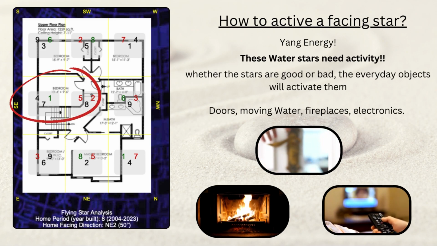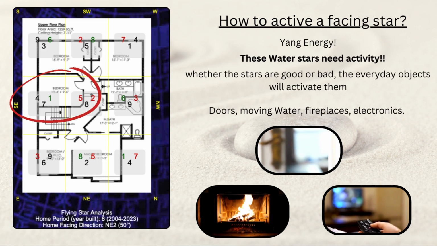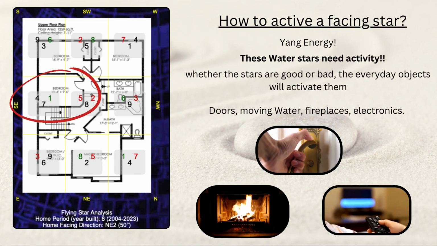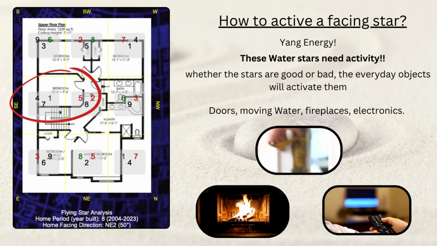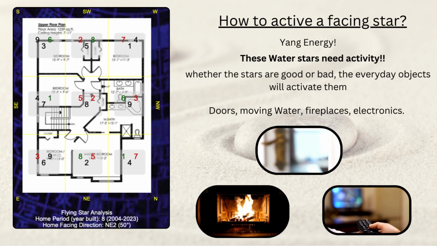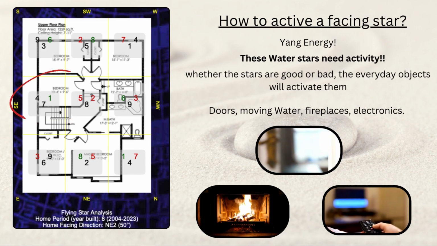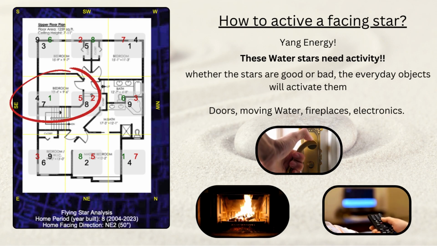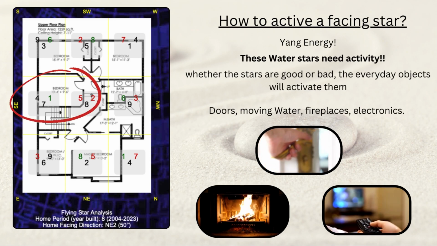They're a very yang energy. They want activity. So, for example, the doors, coming in and out and opening a door, moving water, fireplaces, your electronics, if you have your computer and all the TVs running, that's all very busy, yang, bright energy, and that's going to activate the facing star.